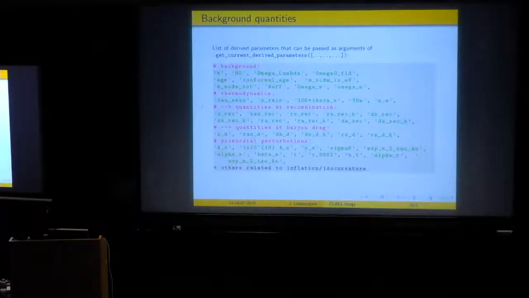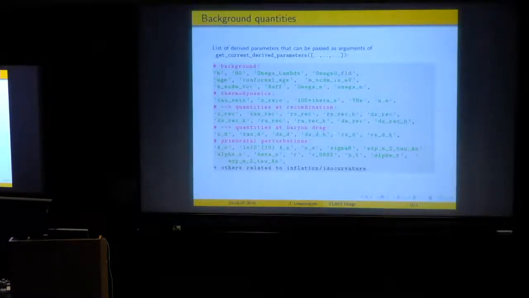You can get the same quantities not at recombination, which is the peak of the visibility function of the photon, but at baryon drag, which is when baryons decouple from the photons. You know that it takes place a little bit later. And for instance, in order to fit a BAO result, what you want typically is a comoving sound horizon at the time of baryon drag. D is for drag.